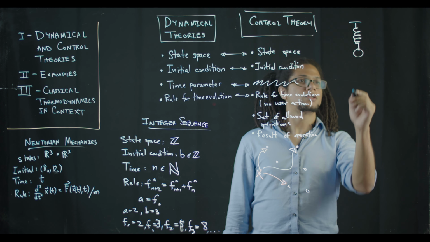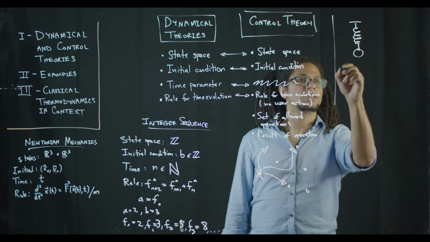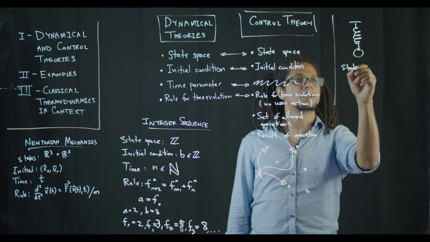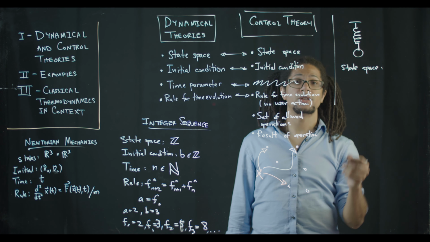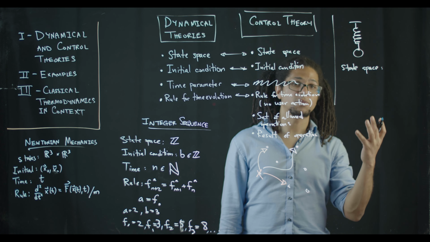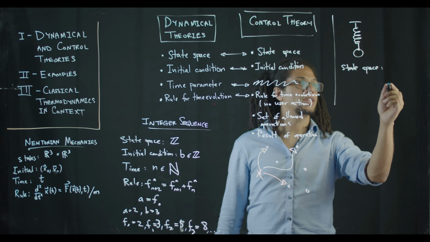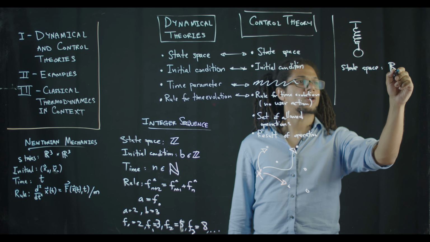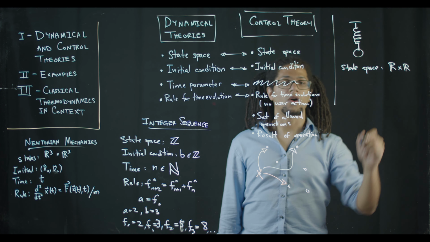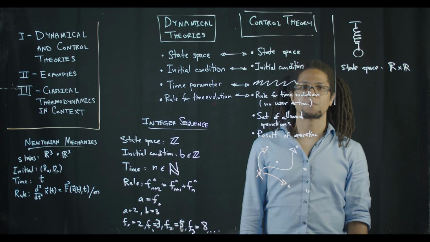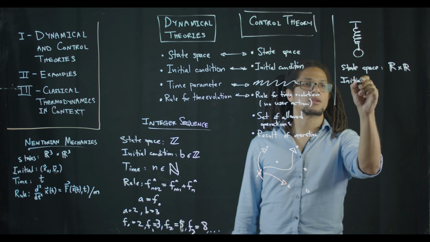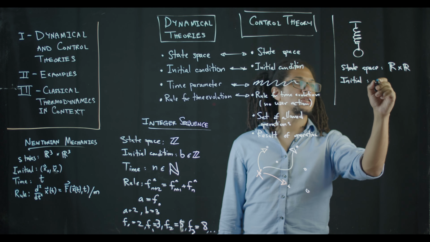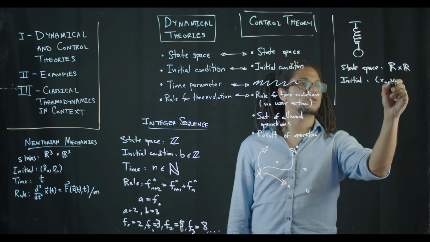Okay, so this thing has a state space that's now just one dimensional in position and one dimensional in velocity space as well. So it'll just be R cross R. Its initial condition will just be, again, some initial position and initial velocity.